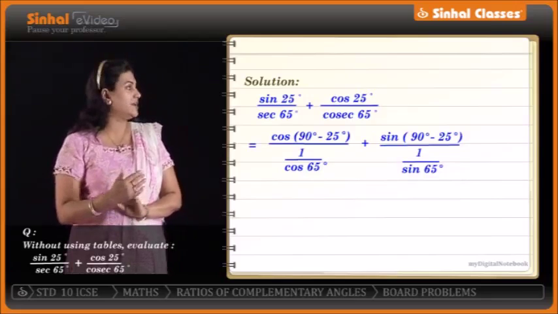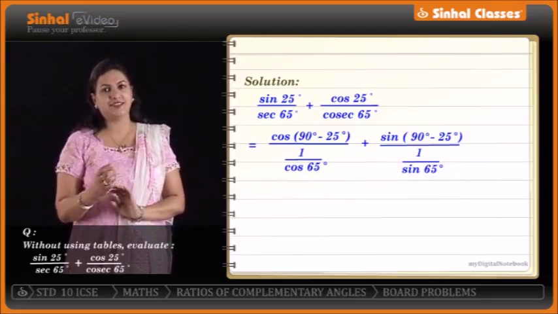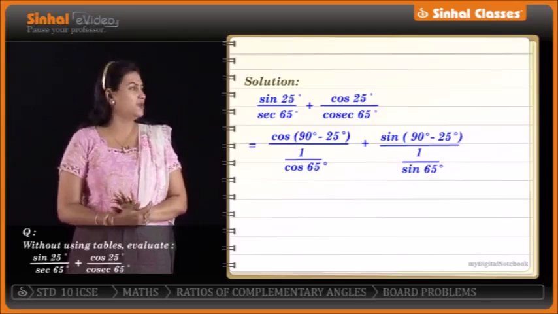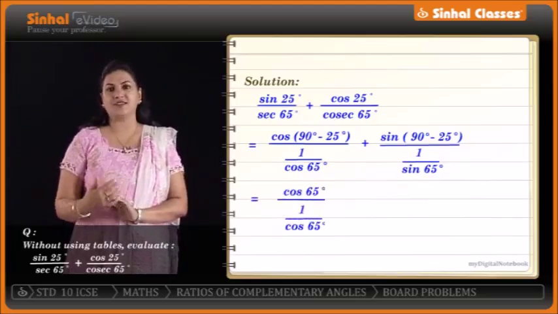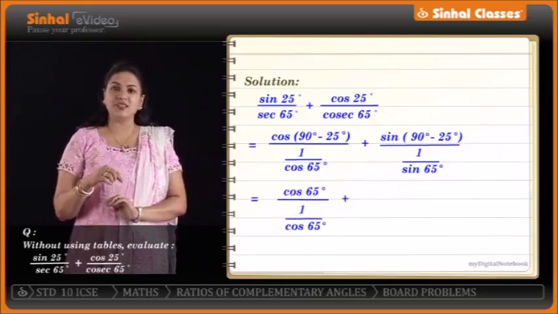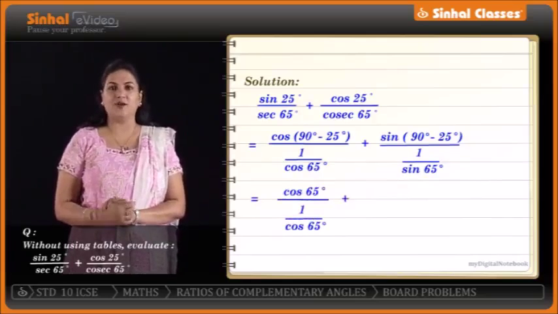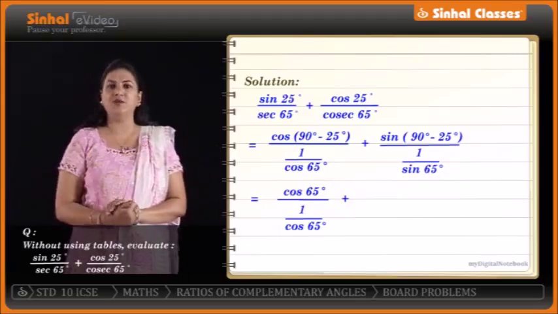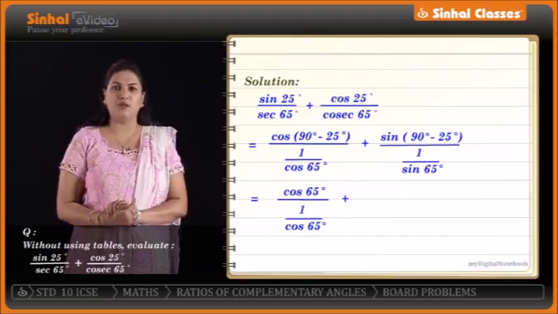Simplify this to get cos 90 minus 25 gives us 65, which is equal to cos 65 upon 1 upon cos 65. Now this cos 65 in the denominator of the denominator goes to the numerator. So we have cos square 65 upon 1.